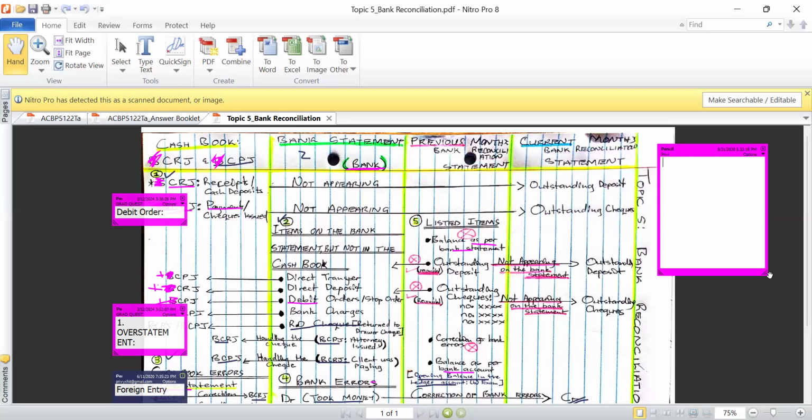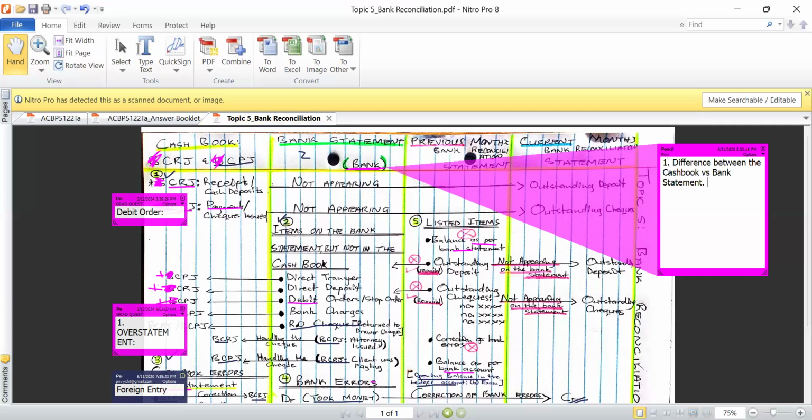Ideally, it's because of the differences between the cash book of the business and the bank statement from the bank.